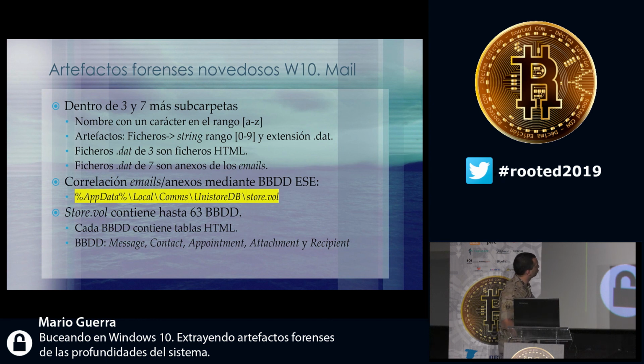It's a bit tiresome, but you can see how you can access information. The files in 3 are the HTML files, and the 7 are annexes. And the database in this location is the one that makes the correlation between the evidence of the text emails and the annexes.